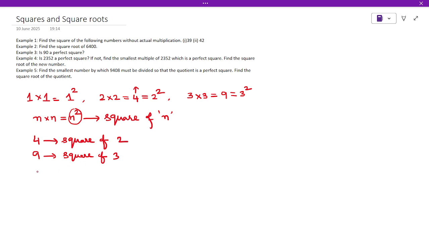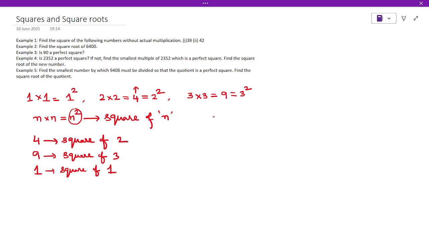Clear? And similarly 1 is the square of 1. So like that you can take any number, multiply it with the same number, and you are getting a different number. That different number is called a square number.